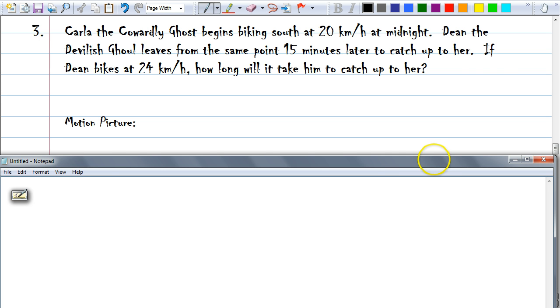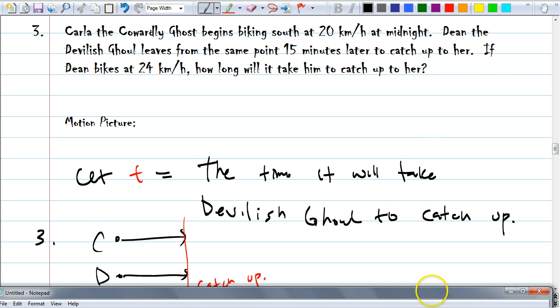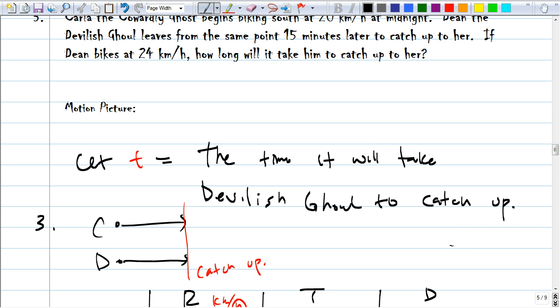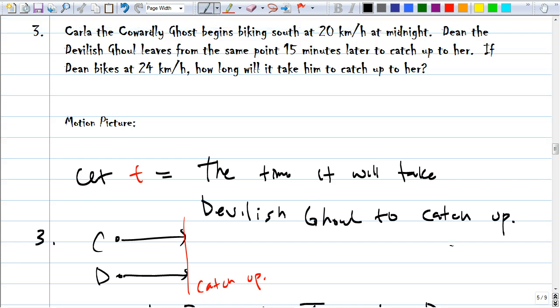Yeah, this is, remember, the same distance. Dean is trying to catch up with Carla, right? So Dean leaves 15 minutes later. So who's going to be traveling longer, and who's going to be traveling shorter? If Dean leaves 15 minutes later, who's going to be on the road longer? And who's going to be on the road shorter? Dean. And by 15 minutes, right?